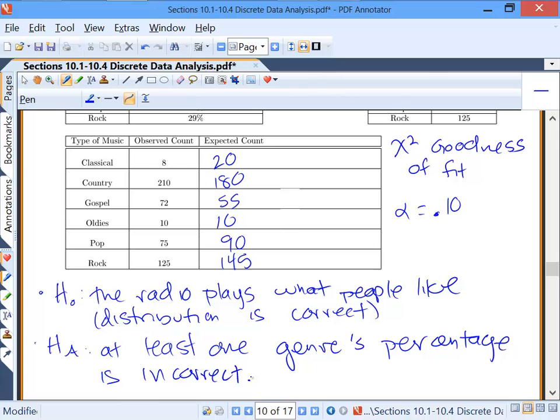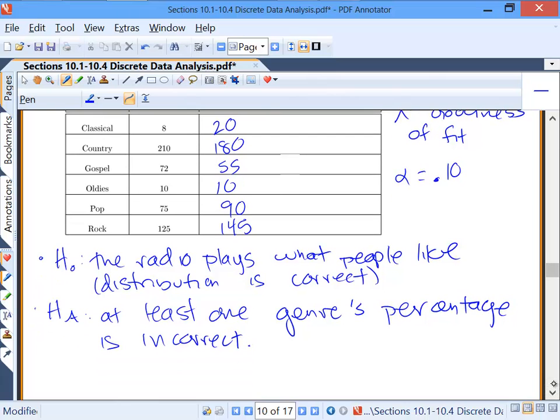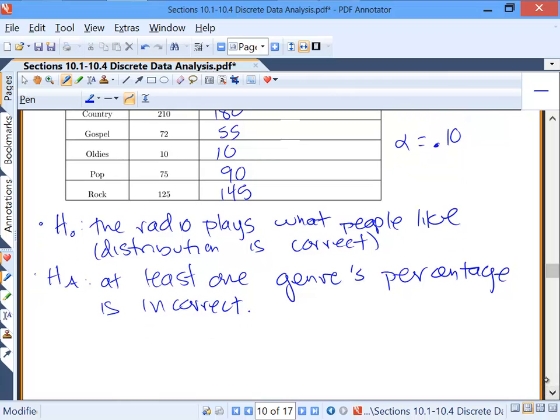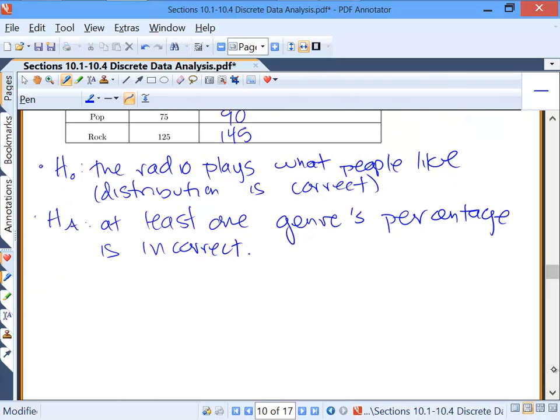Now, as one astute student pointed out once, if one is off, that by necessarily makes another one off as well, because they'll have to add up to 100%, but this is at least one genre's percentage is incorrect.